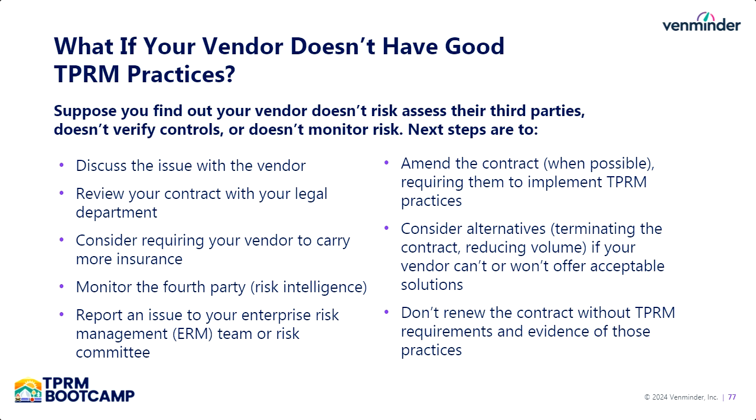I think the most important thing is to find out what your alternatives are, whether it is to continue doing business with this vendor or find another vendor and find ways to move on to one who is performing acceptable third-party risk management practices. The most important thing is to have this conversation with your third-party vendor and know what they are doing with their fourth parties.